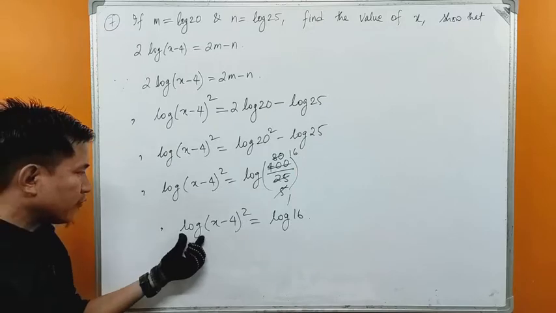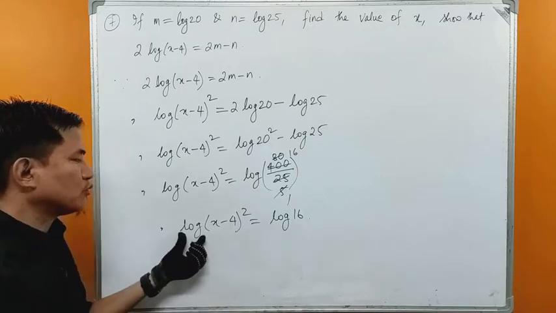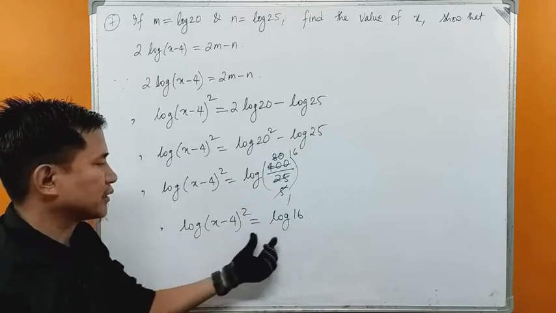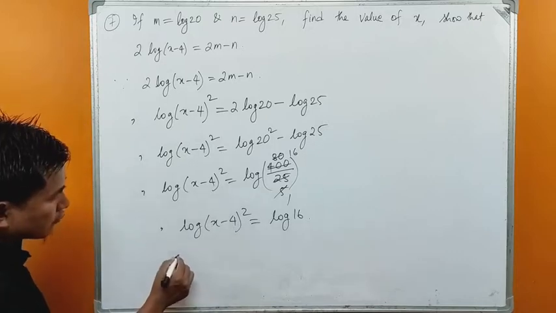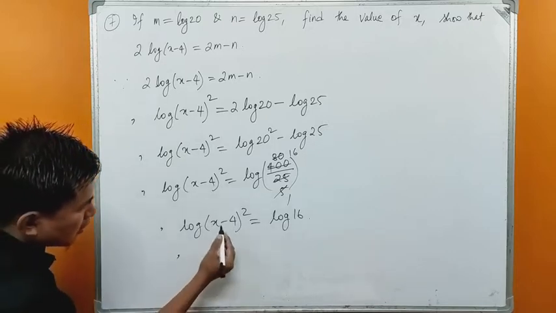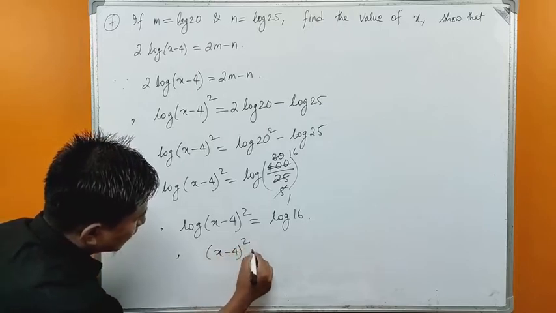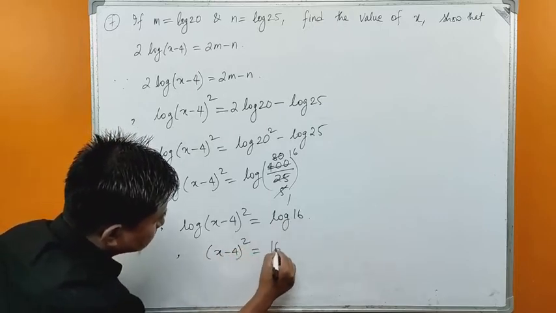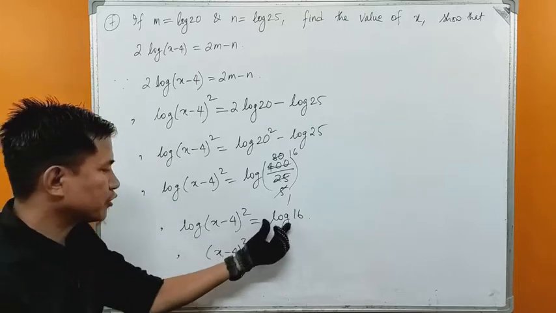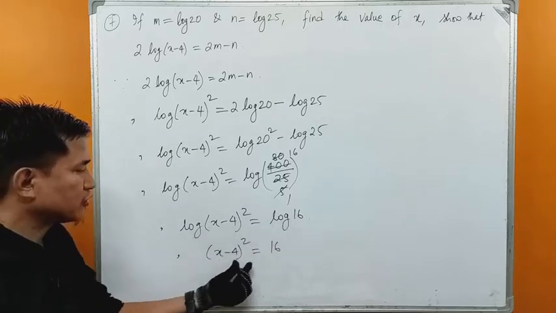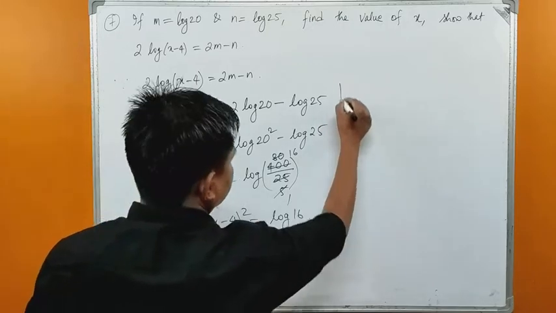Now we leave log from both the sides, okay? We should not cancel log, log cannot be cancelled, we just leave log from both the sides. Now we write (x minus 4) whole square equals 16.